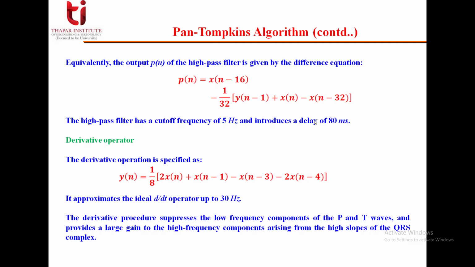This is a derivative operator, and approximately this is an ideal d by dt operator which is valid up to 30 Hz. This derivative procedure suppresses the low frequency components of the P and T waves, and it provides a large gain to the high frequency components arising from the high slopes of the QRS complexes.